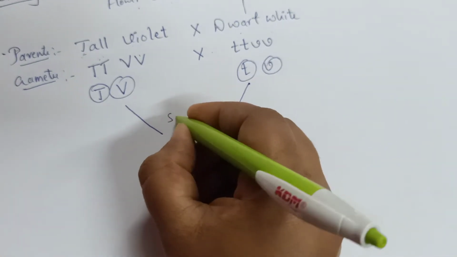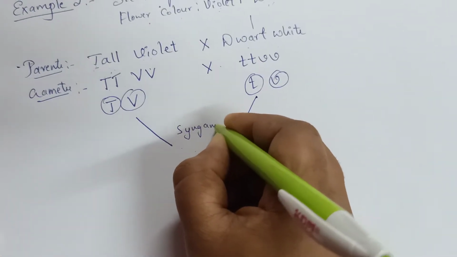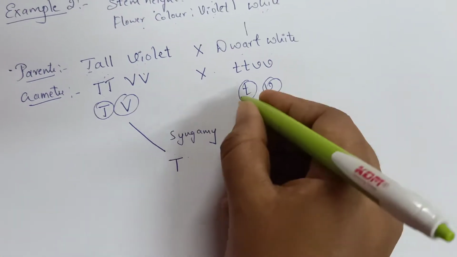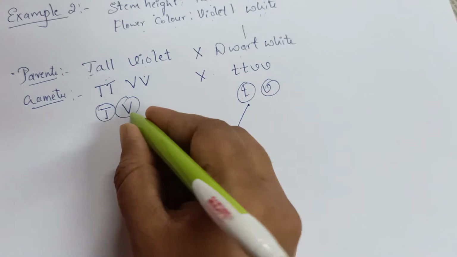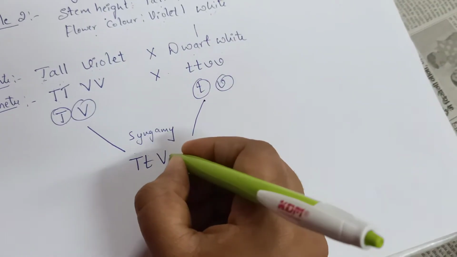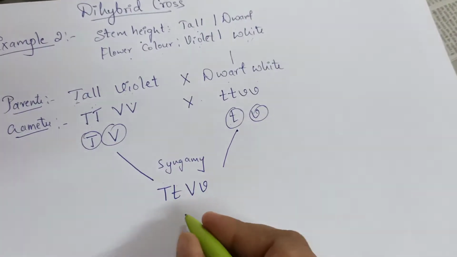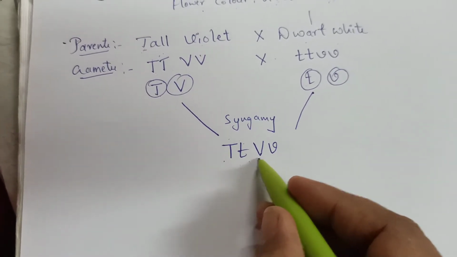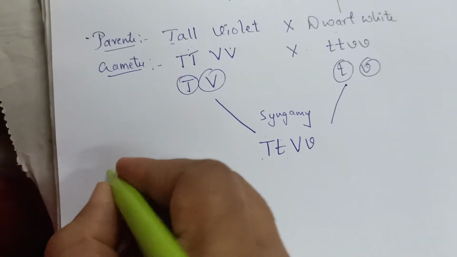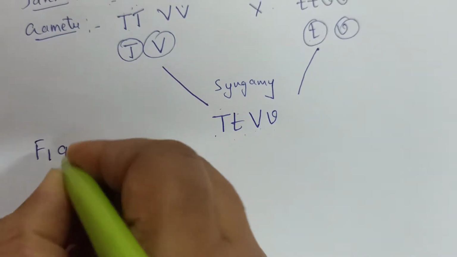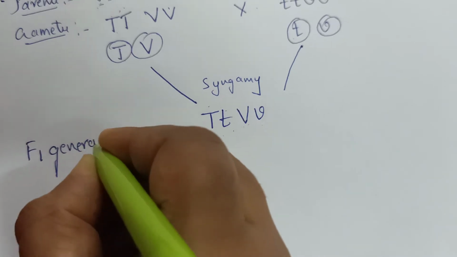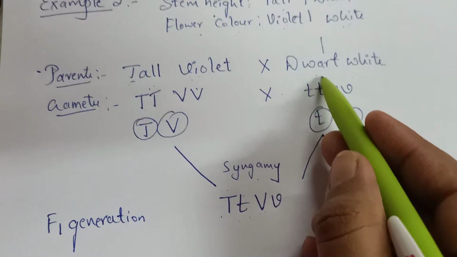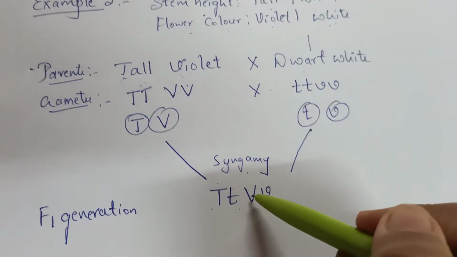Then after syngamy or after fusion, we'll get the F1 generation, that is capital T, small t, capital V, small v. We need to combine and write capital T, small t, capital V, small v. So this will be the F1 generation, the first filial generation obtained by the syngamy of the parents, that is tall violet and dwarf white.